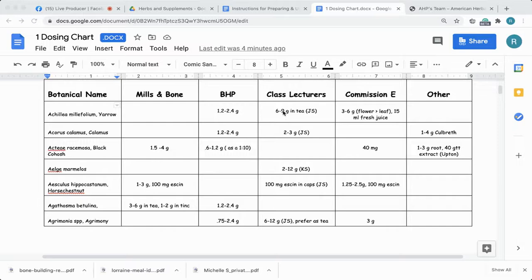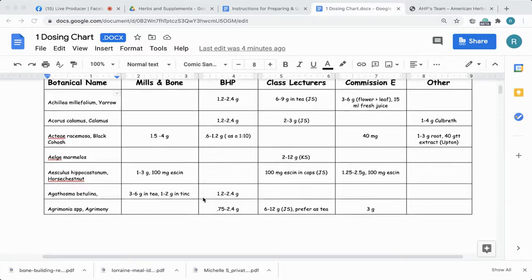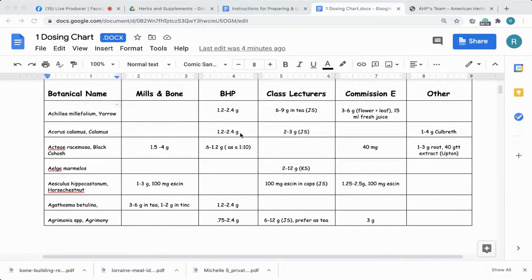The other thing to keep in mind is that most of the doses here are written in grams. So make sure you're converting your measurements, because a gram is not the same as a milliliter and it's not the same as a milligram. So 1,000 milligrams would be 1 gram. So just have a conversion chart handy to make sure that you're looking at that.